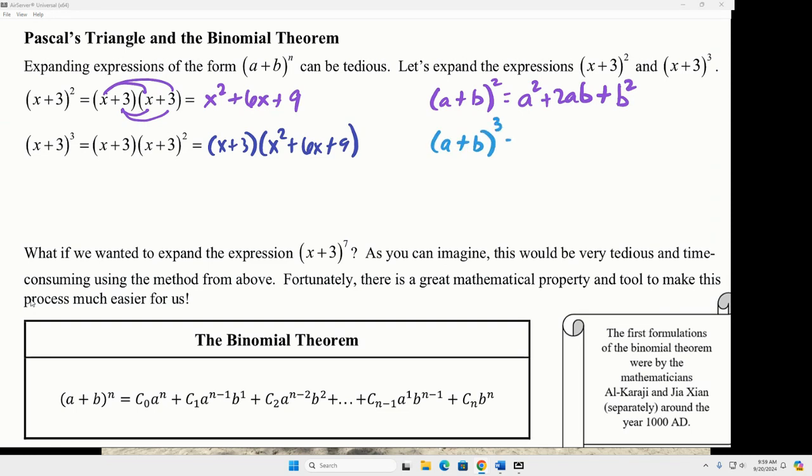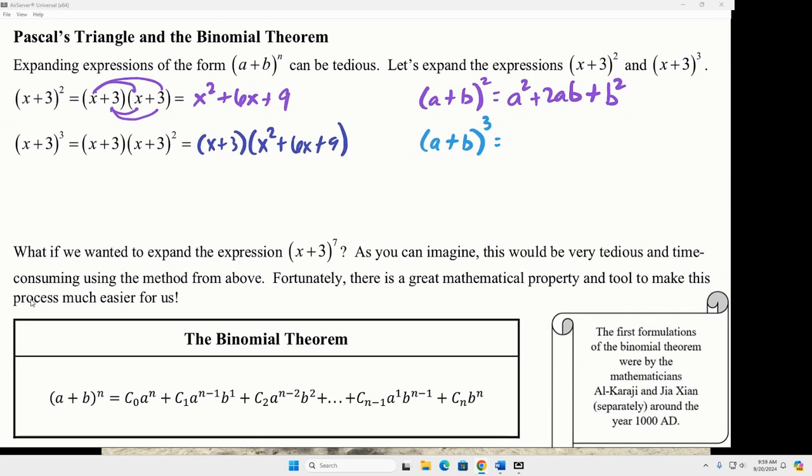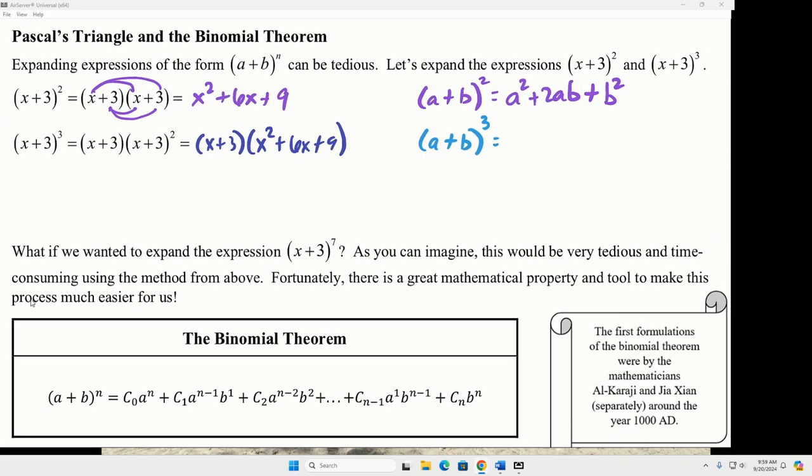If I want to take a binomial and raise it to the third power, I can just cube the first one. And then where this one had a 2, this one is going to have a 3. And this is definitely more complicated. Then the A is going to be squared.